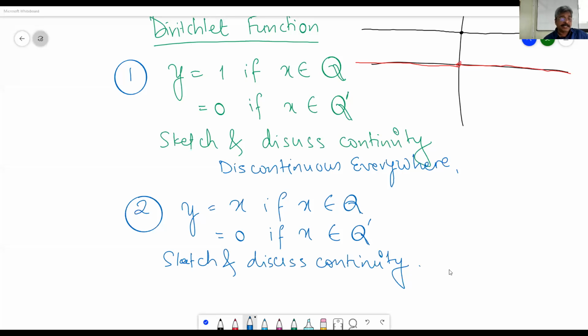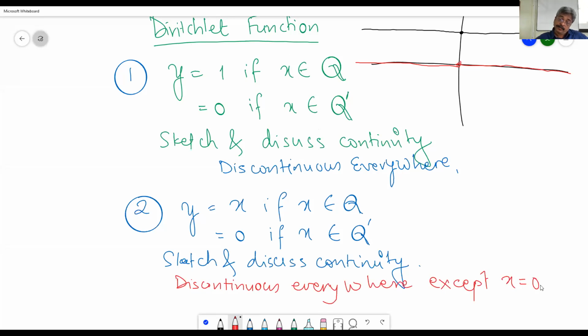Okay, for the second question, the answer is: discontinuous everywhere except x equal to 0. Why near 0 will you end up getting continuity?